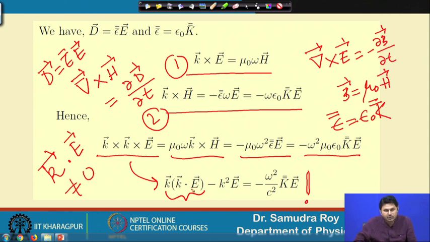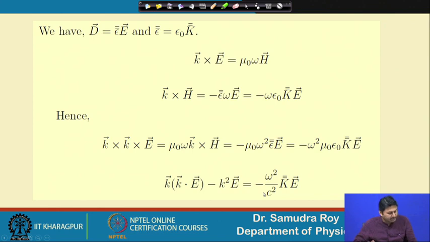So obviously that produces some extra effect. If k dot E equals 0, then this term would not be there, and we would have an equation equivalent to the wave equation that we had in our previous case. But here we find that k dot E is not equal to 0, so that means some extra term will come here.